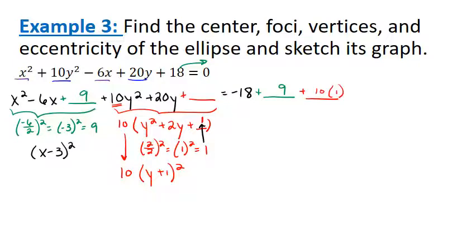All right, so now when I am simplifying this, I end up with the quantity x minus 3 squared plus 10 times the quantity y plus 1 squared is equal to, simplifying all this, I get 1, which is outstanding.